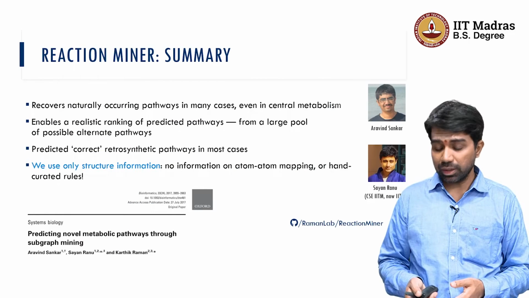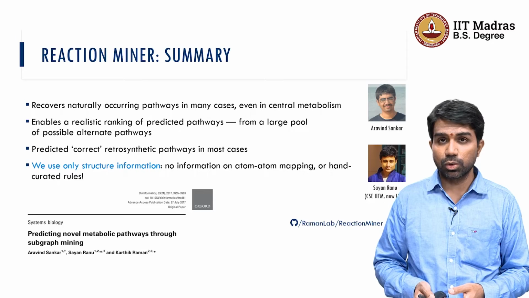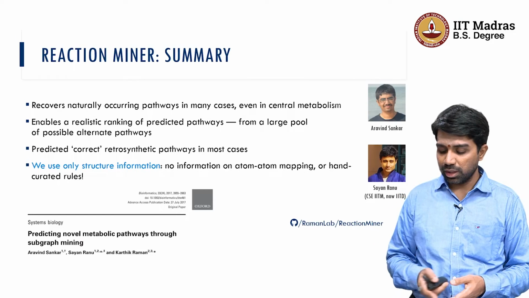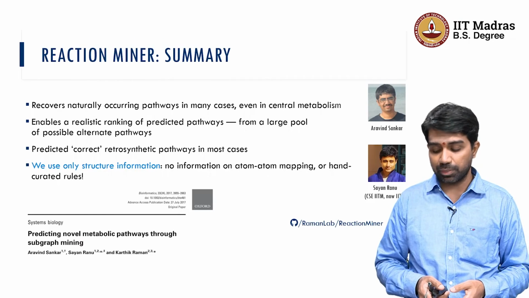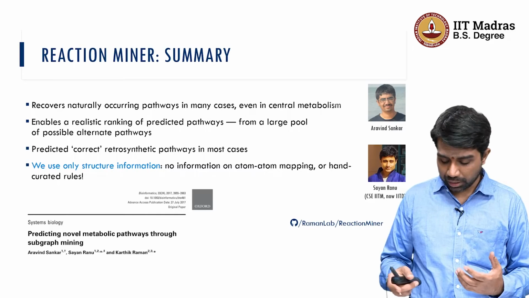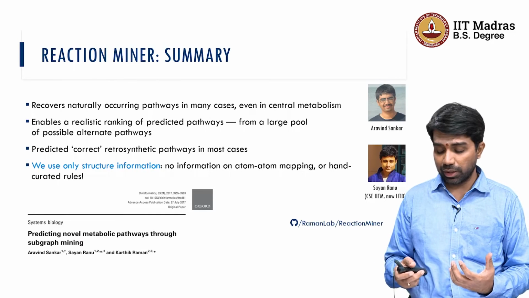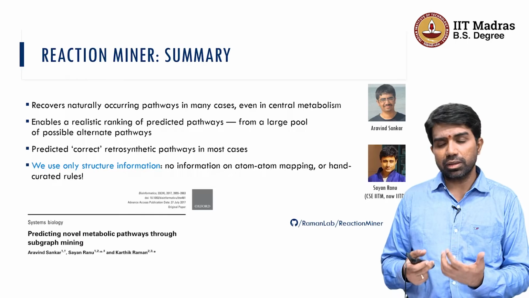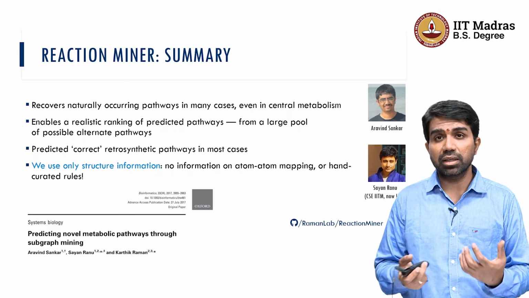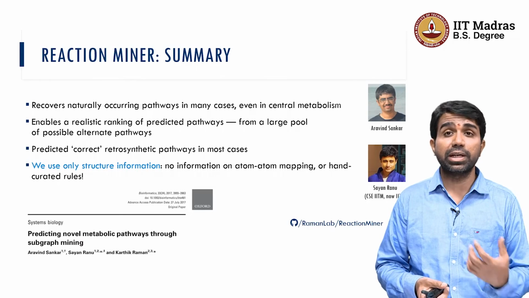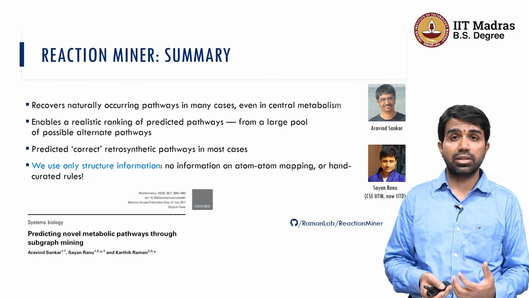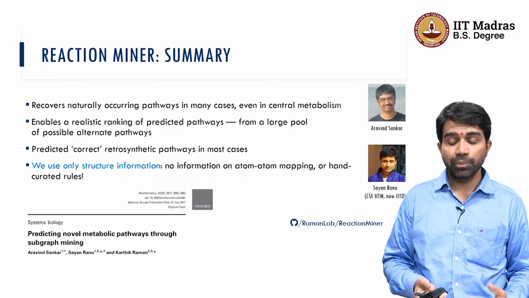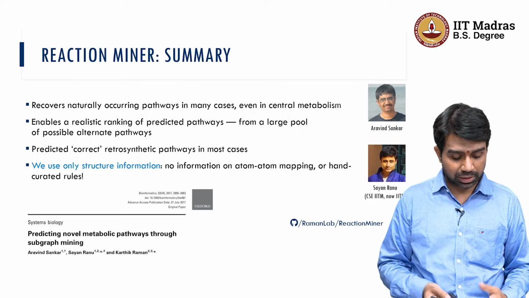And in this work, Arvind was the student who did most of this work, and Shayan Ranu, who was in the computer science department, was my collaborator on this. It was very interesting because with Shayan's help, we could get really interesting data structures that we could use to speed up this search and so on. Otherwise, this was a problem that wouldn't even take off, and we eventually got very interesting results.